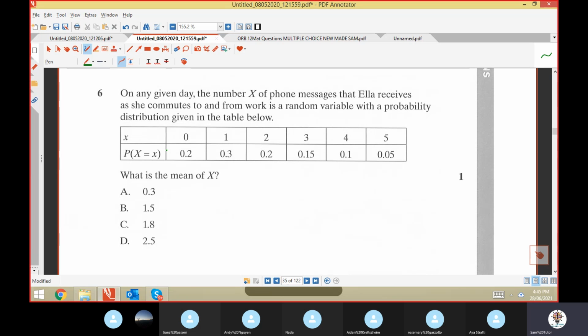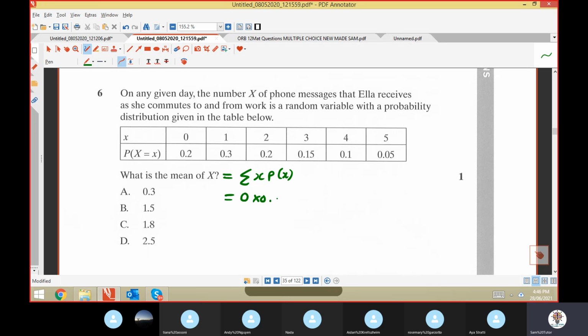Question 6. On any given day, the number x of phone messages that Ella receives as she commutes to and from work is a random variable with a probability distribution given in the table below. What is the mean of x? The formula for the mean of x with discrete probability is the sum of x times the probability of x.